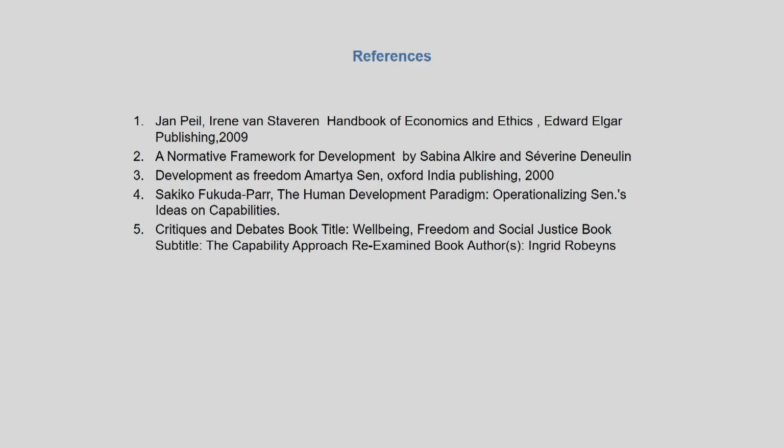These are some of the references which I have used to make a comparison and contrast between the capabilities approach, the BNA and the utilitarian approach. In the next class, I will simplify this entire lecture for you by bringing in more examples of how these approaches are competing and contrasting with each other, and I will also look at the human development indices that have been constructed and worked out to come up with country comparisons of levels of development.